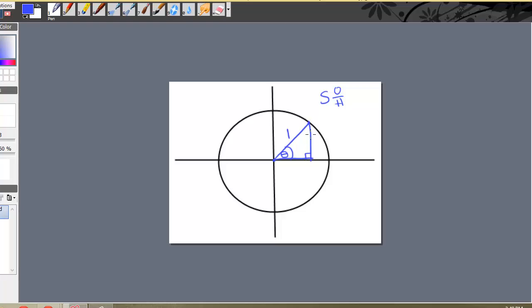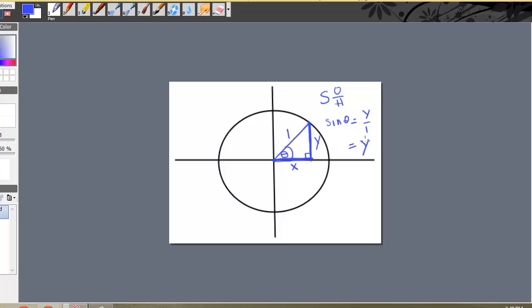Why is it y? Because we're talking about this height here. This height is y. This distance isn't really relevant for this problem, but I'm just going to label it because as you can see, we're on the x-axis here. So this line is x, and this height is y. So your sine of theta equals opposite over hypotenuse, this is your reference angle, so your sine of theta is y over 1, which is simply y.